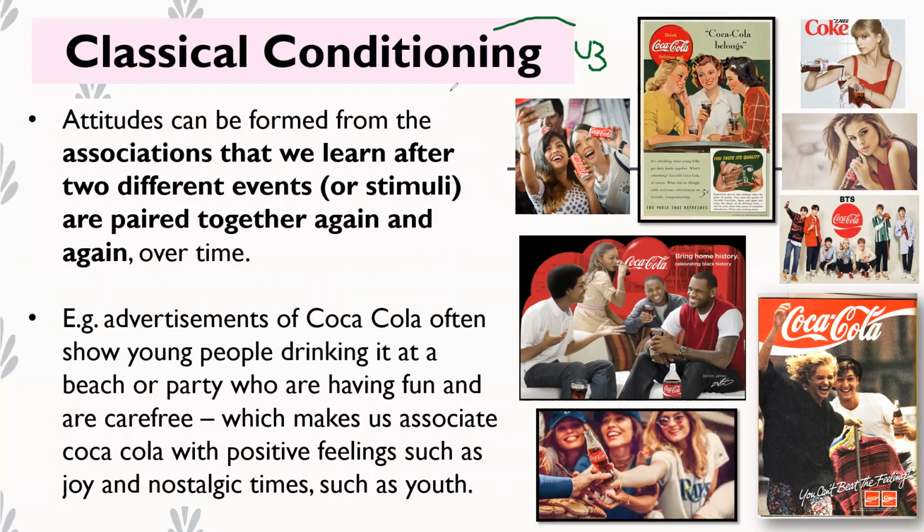Okay, classical conditioning is about how we learn things about a particular object or group or issue or event by forming associations between two different events, and how these two different events are paired together again and again and again over time. So kind of similar to this concept of repeated exposure, except that you've got two different events which are now being associated with each other.